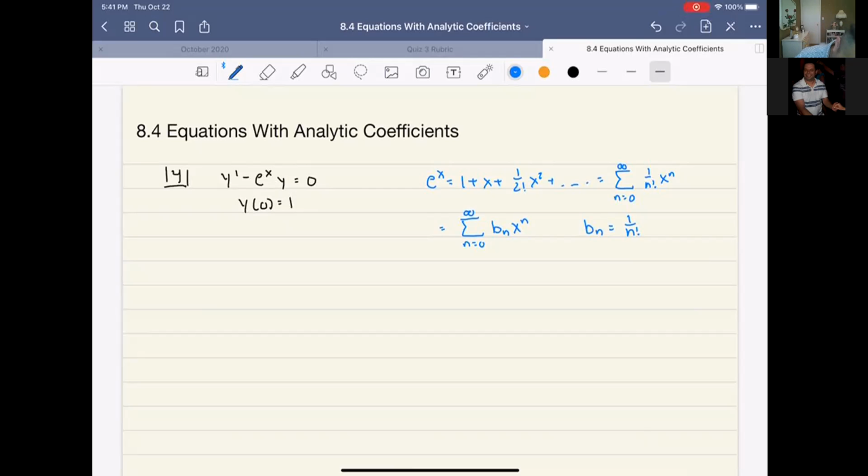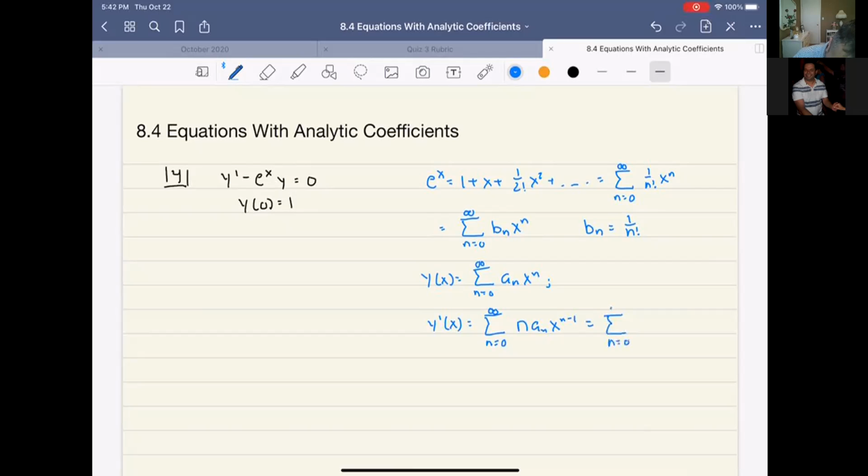So y of x, we assume that it has its own power series expansion, the sum n goes from 0 to infinity, a sub n x to the n. y prime of x equals the sum, n goes from 0 to infinity, n a sub n x to the n minus 1, which by now we are experts at writing this.